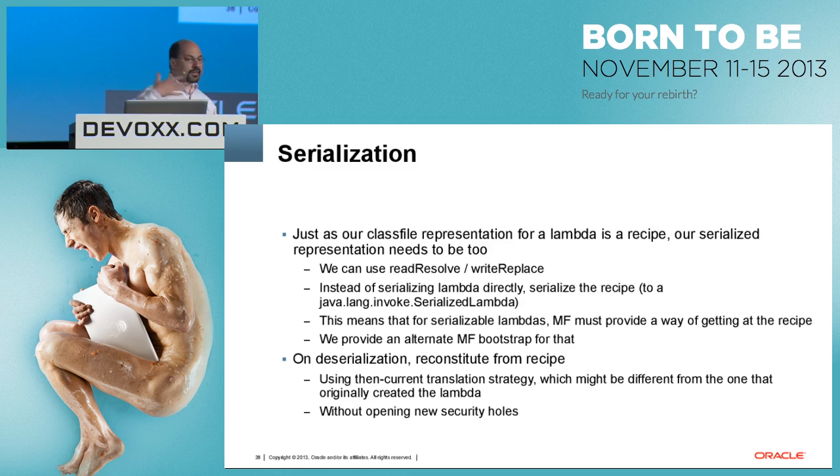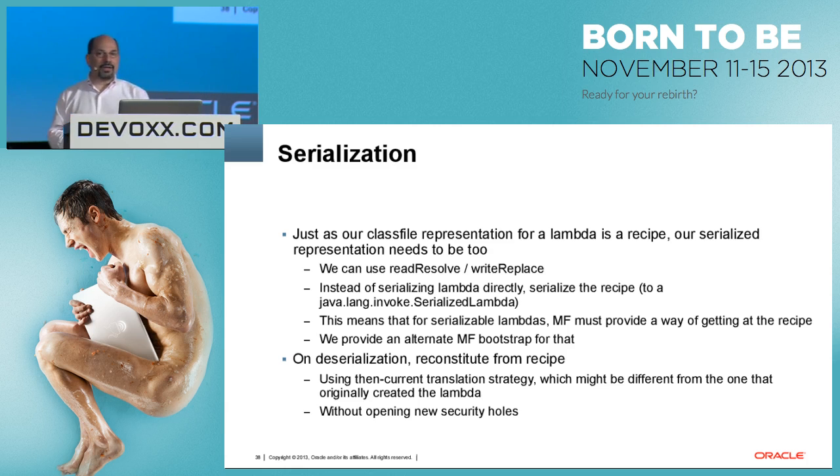So instead of just serializing the Lambda object, we serialize the recipe, and we ship that across the wire, and we actually have an alternate metafactory for that, so that the common path is the simpler one. And then when you get to the other VM, you do the opposite. You reconstitute the Lambda from the recipe using whatever translation strategy that VM is using, and instantiate the Lambda object from its recipe.